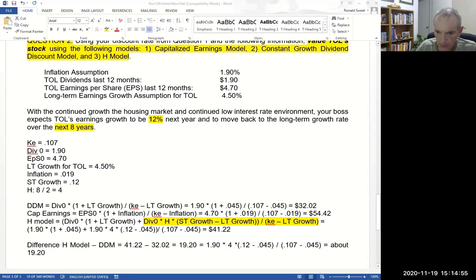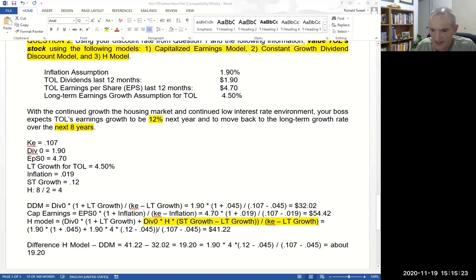Let me check just real quick because I don't want to throw you off. So 1.9 times 4 times 0.12 minus 0.045, divided by 0.107 minus 0.045.